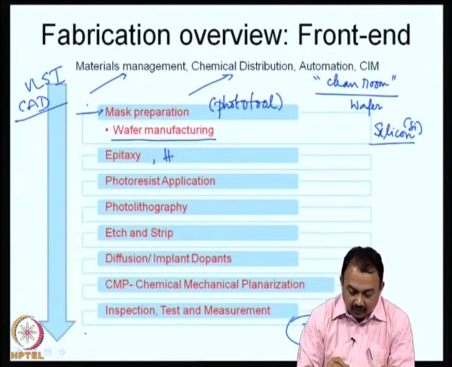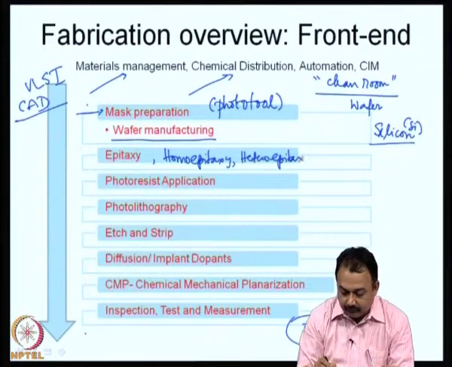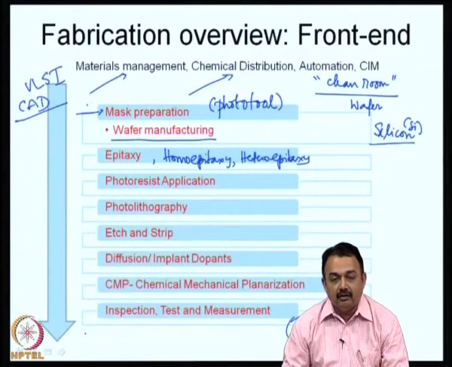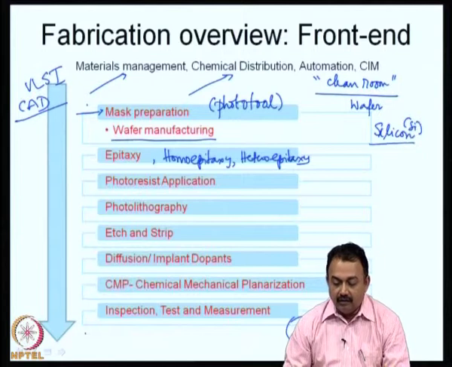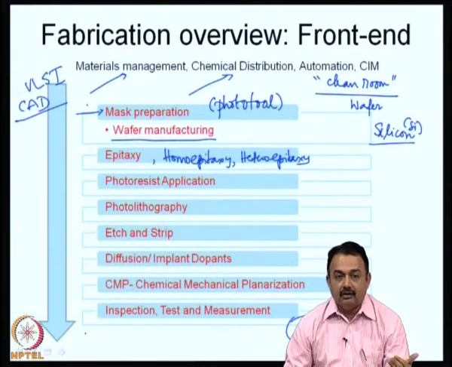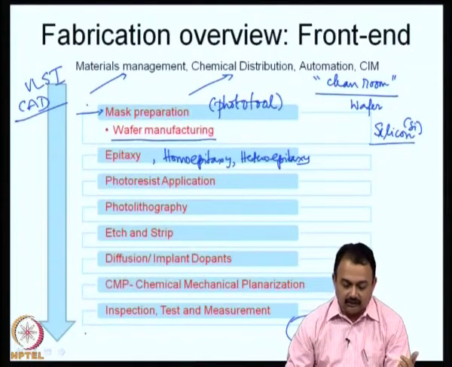You can have homoepitaxy or heteroepitaxy. Now, heteroepitaxy is very important for compound semiconductors like gallium arsenide. Normally, for silicon you will use another silicon layer that is typically of very small thickness, and from that the gate manufacturing process will start.